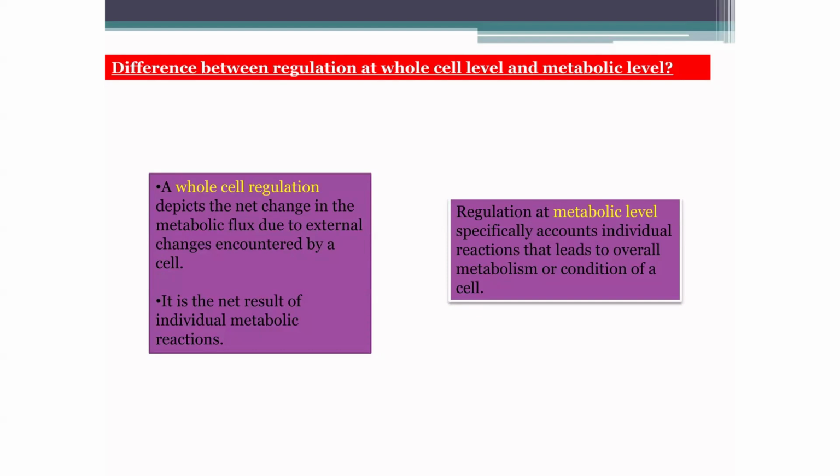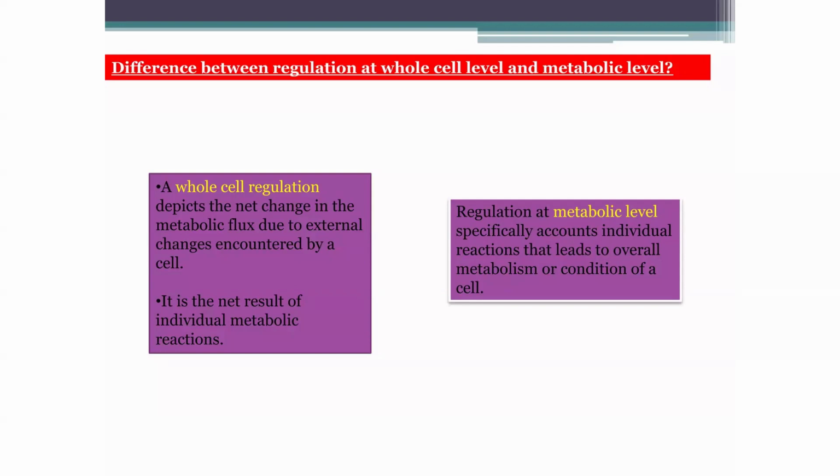And then the next thing is regulation at metabolic level. So specifically, we account for individual reactions that lead to the overall metabolism or condition of a cell. Assuming we are just looking at, let's take for example, glycolysis. In glycolysis, there are 10 steps.